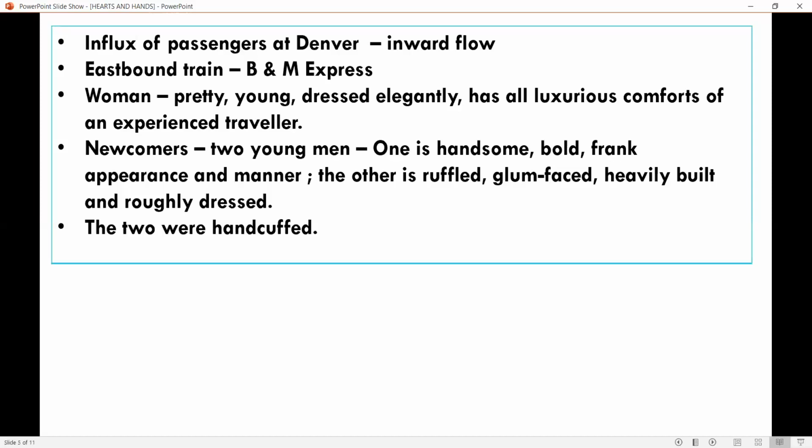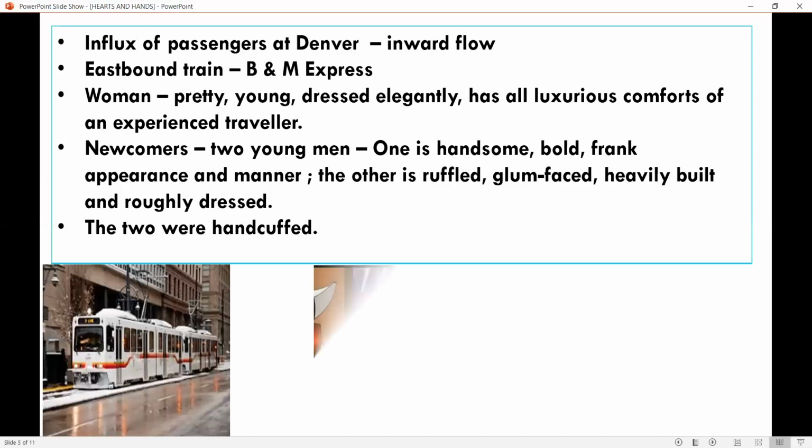Hearts and Hands by O. Henry. This is the fourth short story in your book. At Denver, there was an influx of passengers into the coaches on the eastbound B&M Express. In one coach, there sat a very pretty young woman, dressed in elegant taste and surrounded by all the luxurious comforts of an experienced traveler.